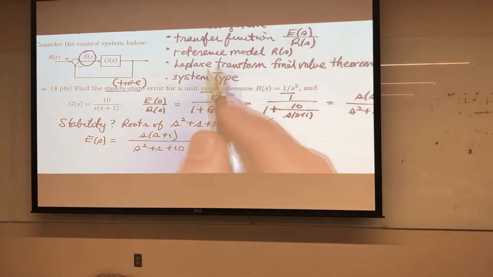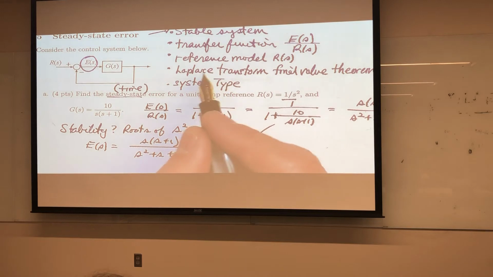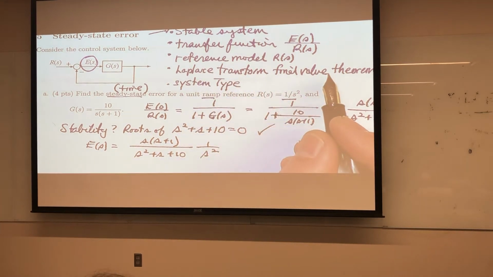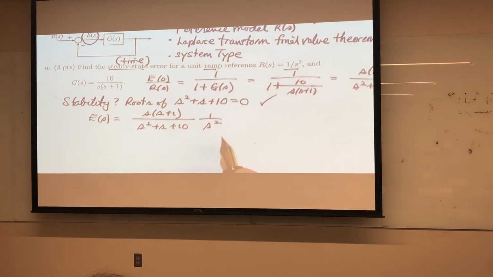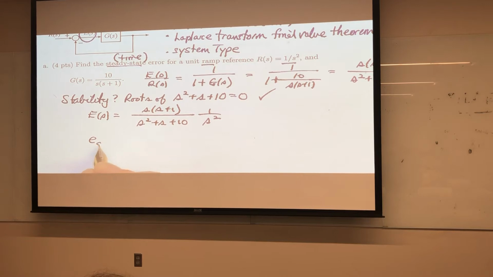So now we go down to the next principle, and that is to take a look at the Laplace transform final value theorem. We know we can apply it here because we've checked stability, and so we can go forward, and now we say that E steady state, that's the same thing as E as time goes to infinity, is equal to the limit as s goes to 0 of s times E of s.